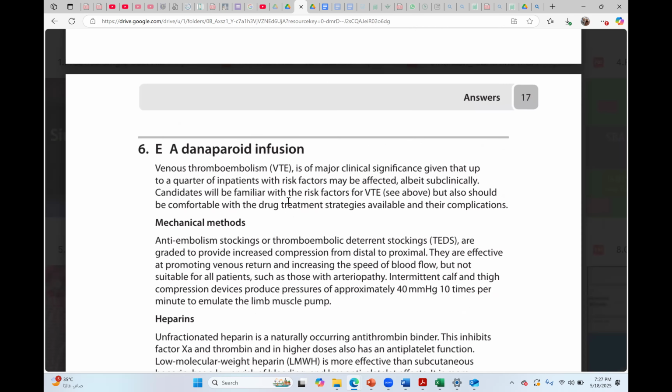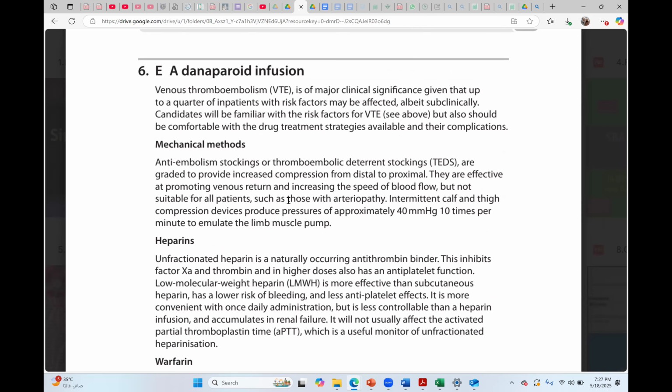So what is danaparoid? Now here we can revise this topic in a better way. They have given a very good explanation. Venous thromboembolism is of major clinical significance given that up to a quarter of patients with risk factors may be affected subclinically or clinically.